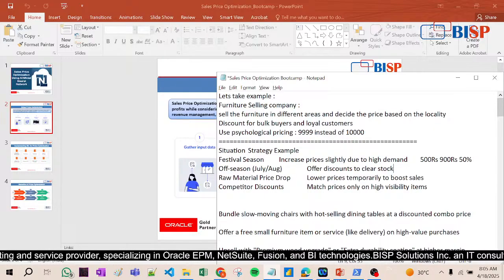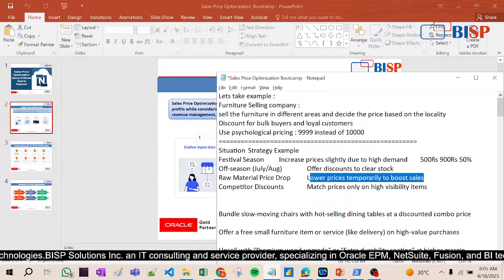Suppose there is off season in the month of July, August, there is no festival, so offer a discount to clear the stock. You have to clear the stock also, otherwise if you keep the stock for a long time in the godown, it looks like old stock. Then if the raw material price drops, you can lower your price temporarily.